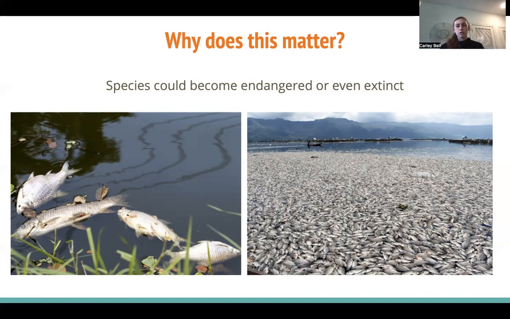So as the climate warms, then they might lose their habitat. And if they continue to lose habitat because of these things, then they could become endangered, even to the point of extinction. So then, like I said, this is not just talking about trout. This is just fish in general on this slide, but there's many species that are affected by climate change, and it could endanger or make these species become extinct.